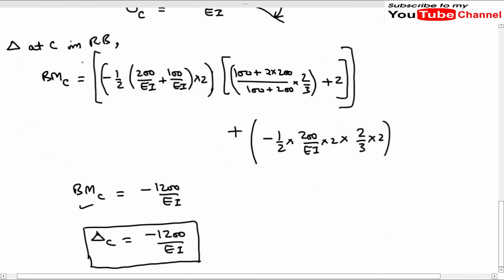And also for point C we have got a negative value of bending moment, so we can just show the direction here like this. Direction means downward, because we are getting a negative value.